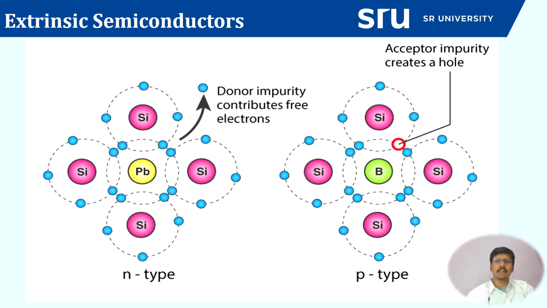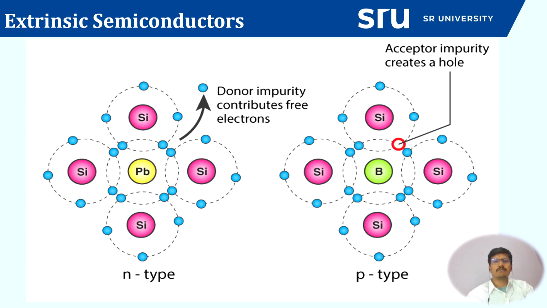In intrinsic semiconductors, the number of electrons and holes are relatively small and equal. As a result, the conductivity remains limited. By introducing carefully selected impurity atoms, we can dramatically increase the carrier concentration and therefore the conductivity.